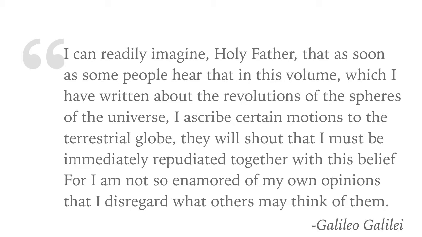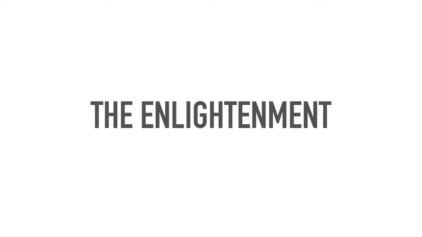Now, the scientific revolution is profound in its scientific discovery, but it's also profound in that it sets up the Enlightenment. And the Enlightenment is really where you see these principles take off.